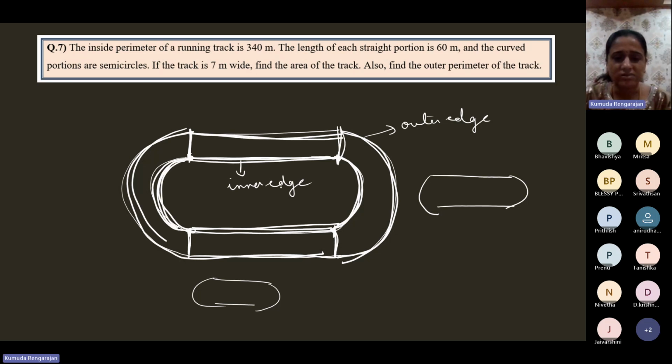The inner semicircles are smaller than the outer semicircles.